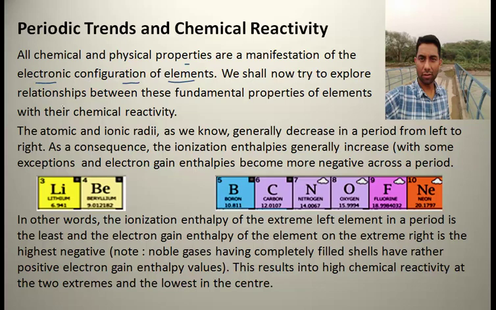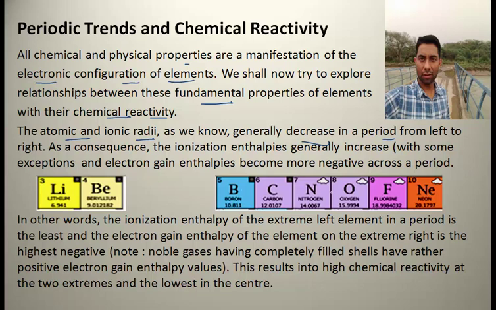We shall now try to explore the relationship between these useful fundamental properties of elements and their chemical reactivity. So whatever properties we have analyzed, we will try to correlate them. For example, atomic and ionic radii, as we know, generally decrease in a period, both atomic radii as well as ionic radii.